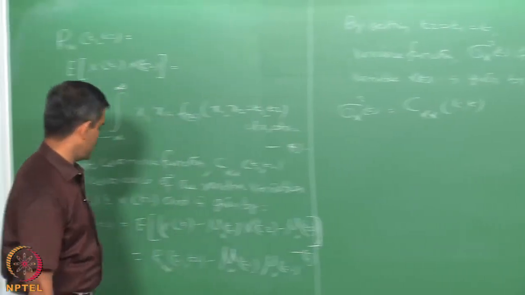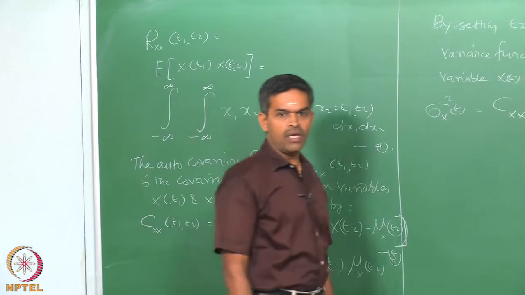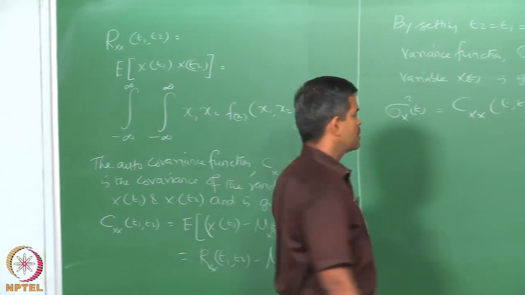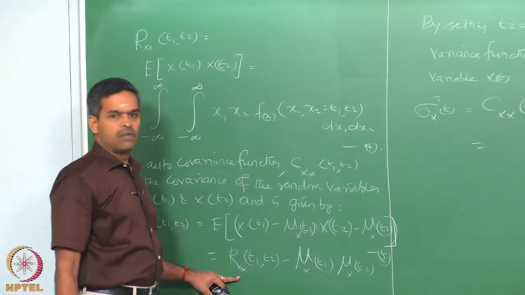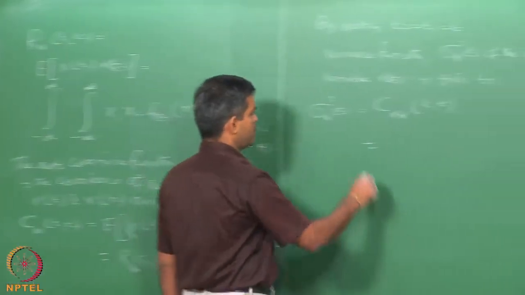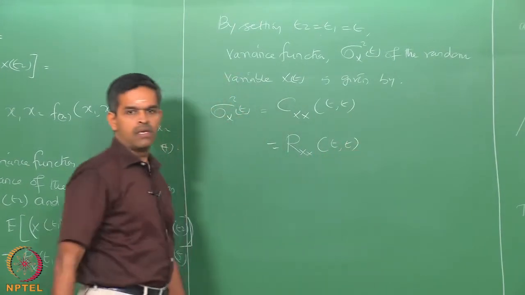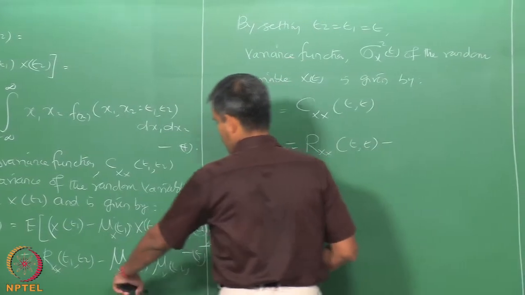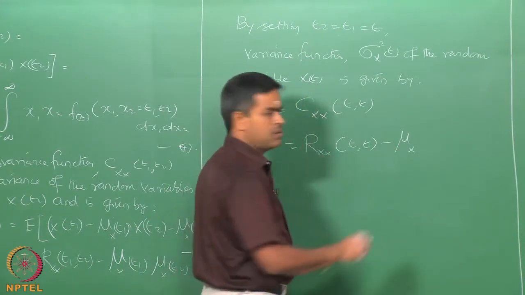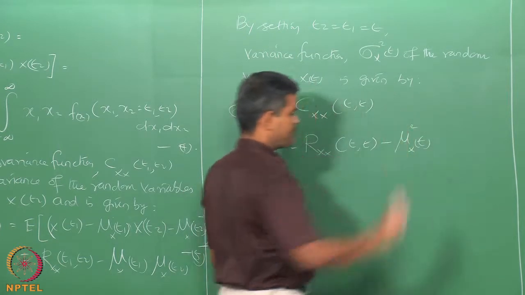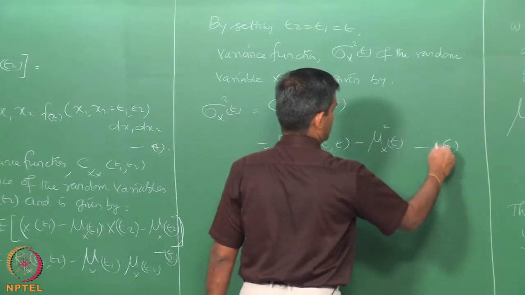We already have an expression for autocovariance given by equation 5. I am just reproducing it in a slightly different manner: R_xx(t, t) minus mu_x(t) squared. So, equation number 6.